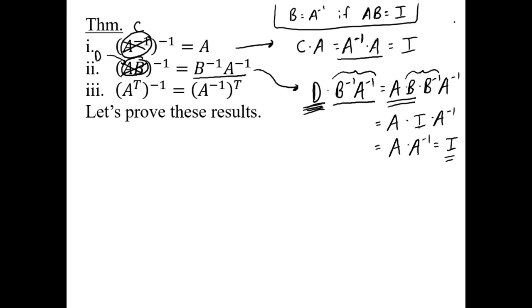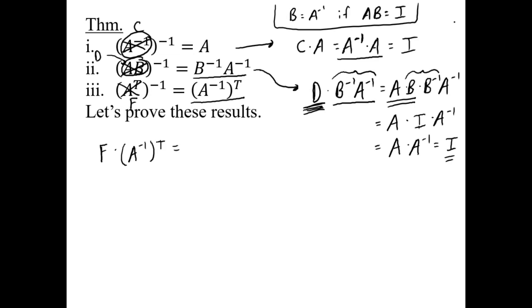All right, last one here. A transpose inverse is equal to A inverse transpose. Let's do this one more time. I'm going to give this a new name. I'm going to call it F. I'm just a little weary about using the letter E. So I'm claiming that F inverse is equal to all this stuff, which means that F times all that stuff, well, I want to see what that's equal to.